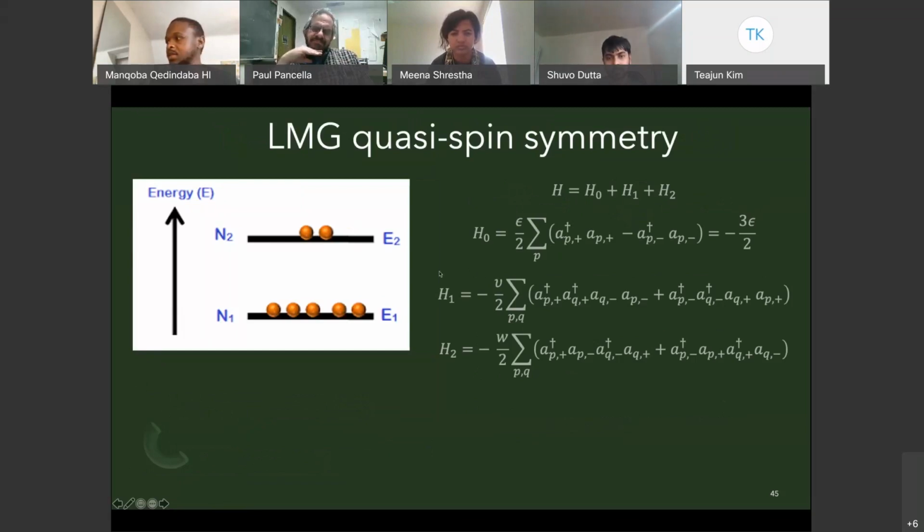And for this case, if the top one, which is the +1, has 2 particles, the -1 has 5 particles. And so the H naught will have this overall value, okay? And then H1 scatters 2 particles up, 2 particles down, and then H2 scatters 1 up, 1 down, okay?